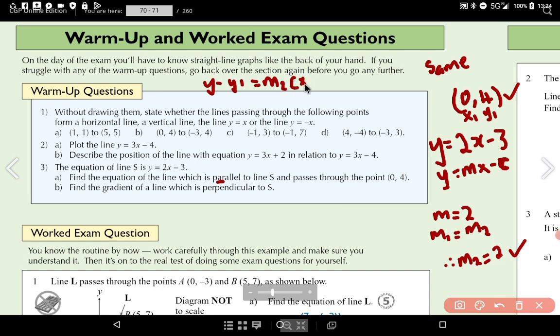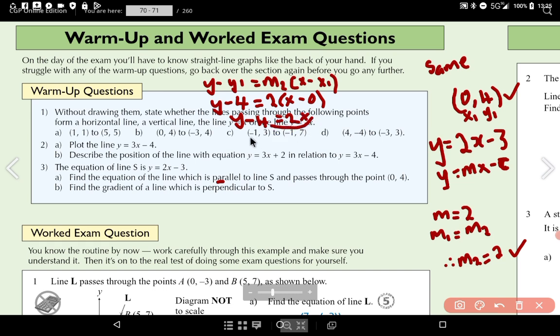So y1 is 4, y minus 4 is equal to 2 times x1, that is 0, so y minus 4 is equal to 2x.